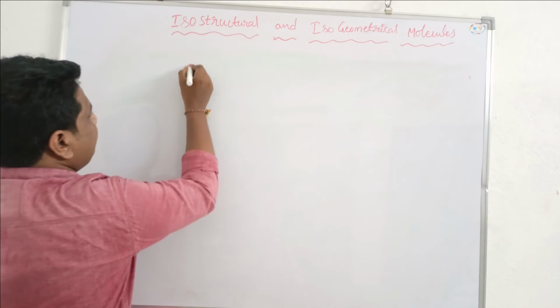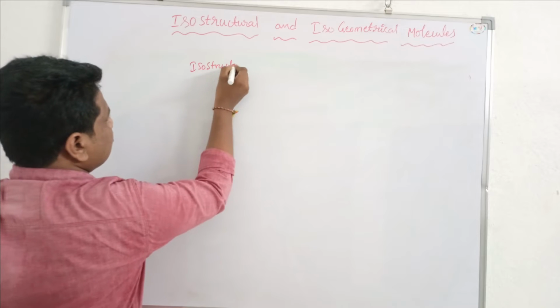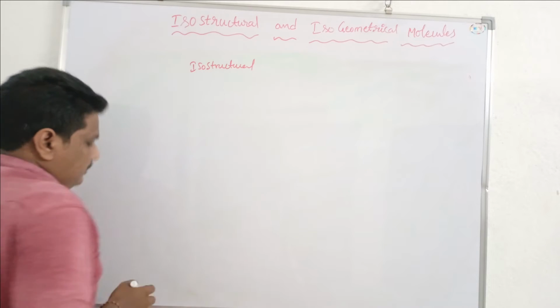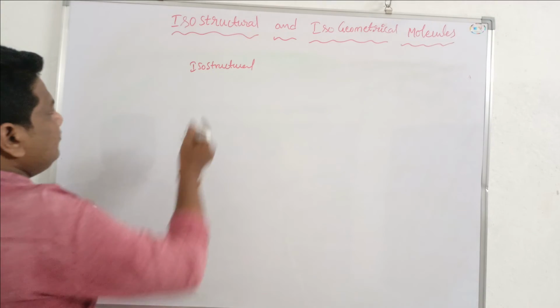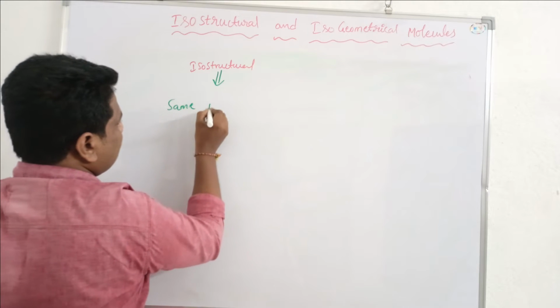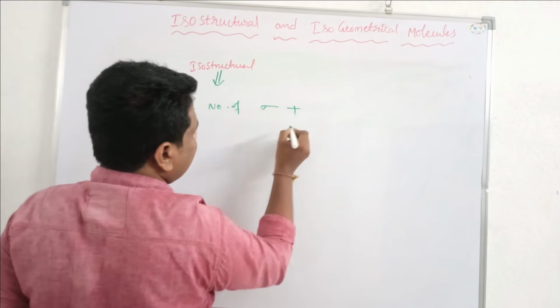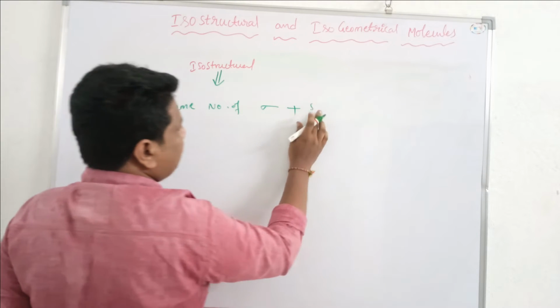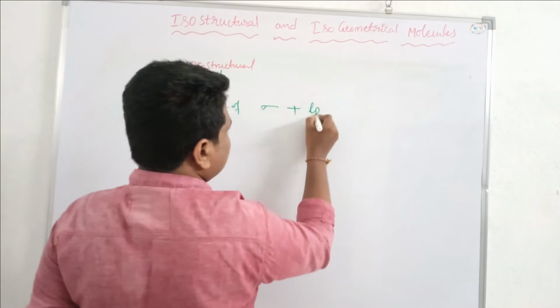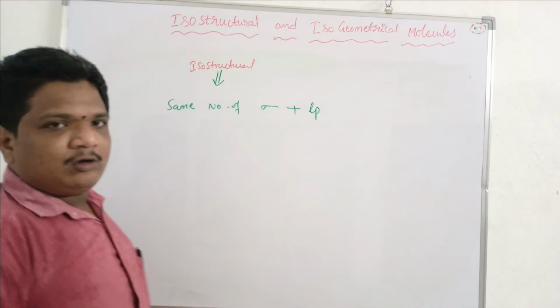In the case of isostructural species, they have the same number of sigma bonds and the same number of lone pairs.